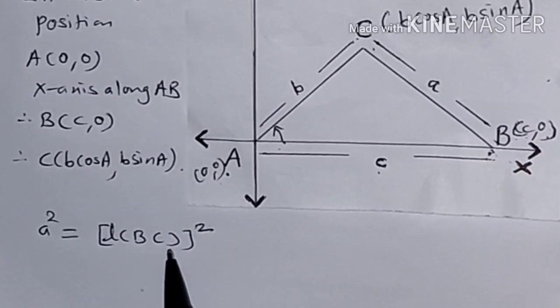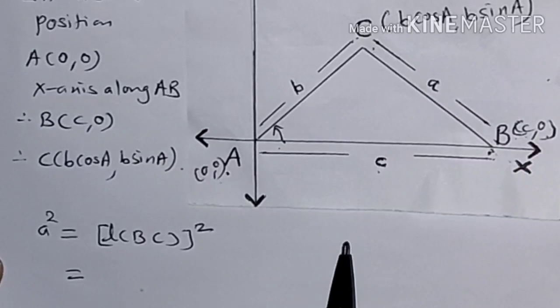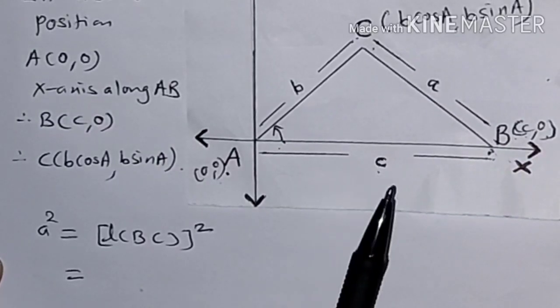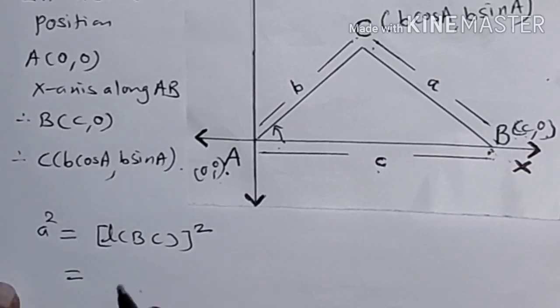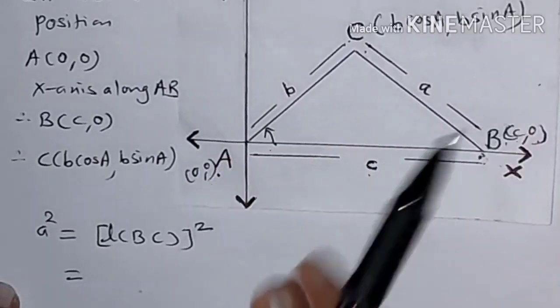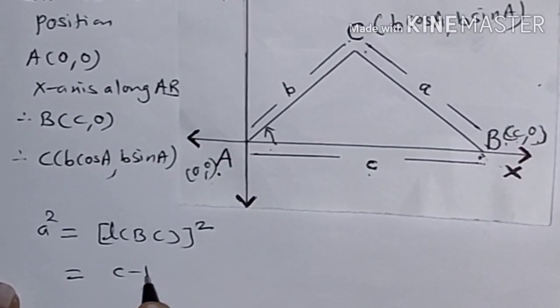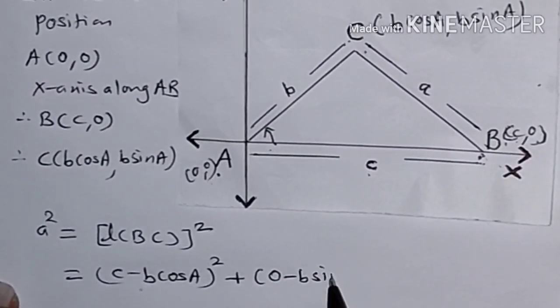We know the coordinates of B and C, so we can use the distance formula: (x1 minus x2) square plus (y1 minus y2) square. The difference in x coordinates is (c minus b cos A) whole square, plus the difference in y coordinates, (0 minus b sin A) whole square.